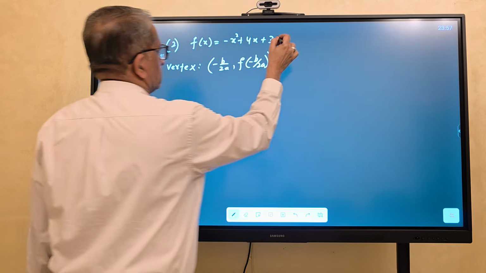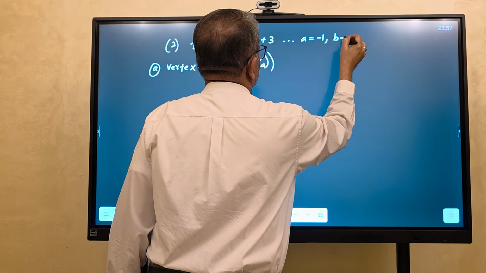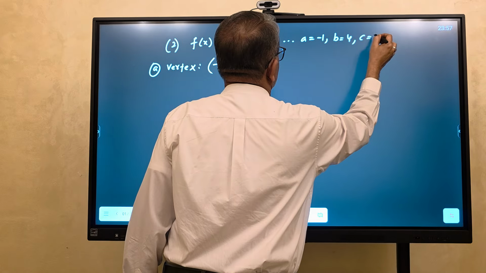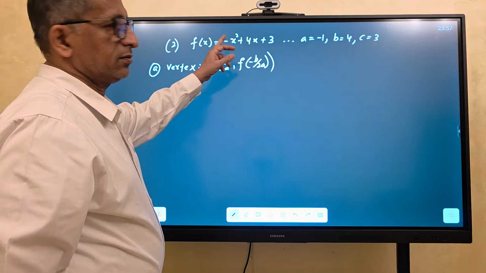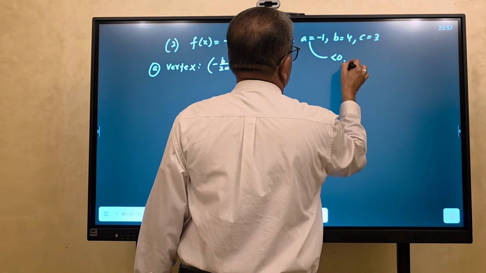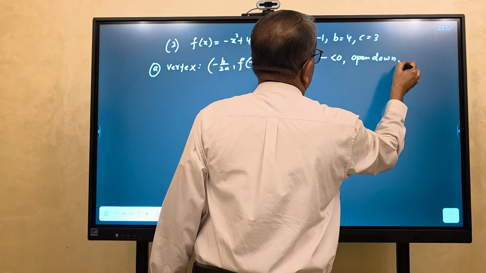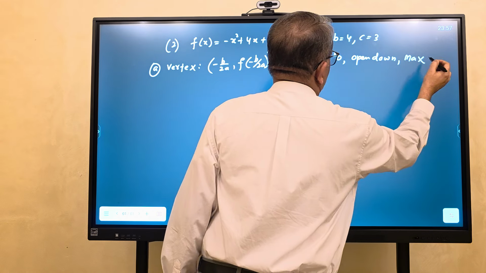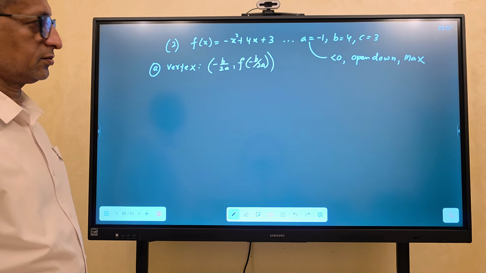What is a here? Minus 1, b is 4, c is 3. Minus 1, right? So this is negative. That is, it opens down. That means we will get what? Maximum. So the whole thing will change here.